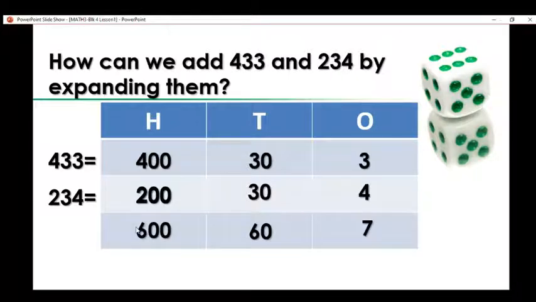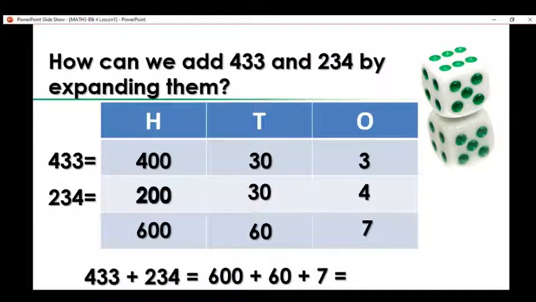So now that we are done adding our expanded form, we can get our final answer. That would be 600 plus 60 plus 7. We got the answer of 667. So by expanding our numbers when we are adding, we can add easily and quickly.